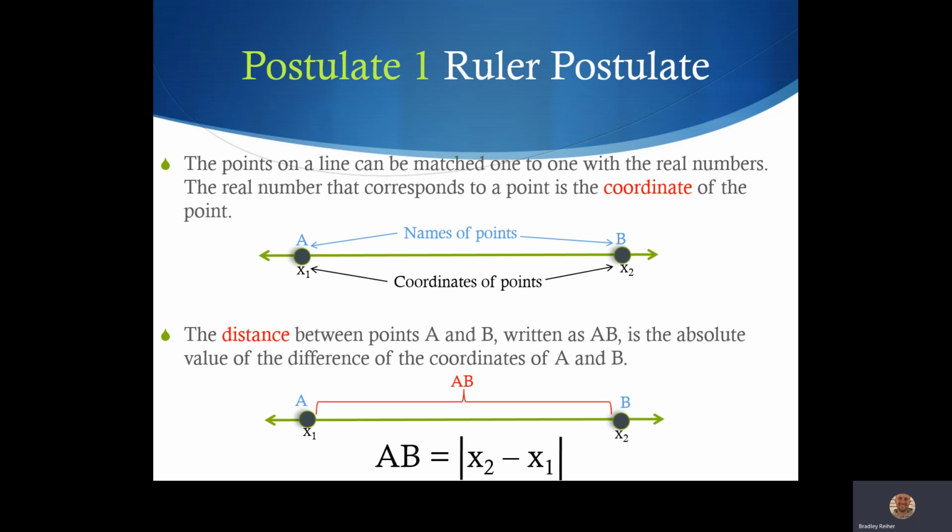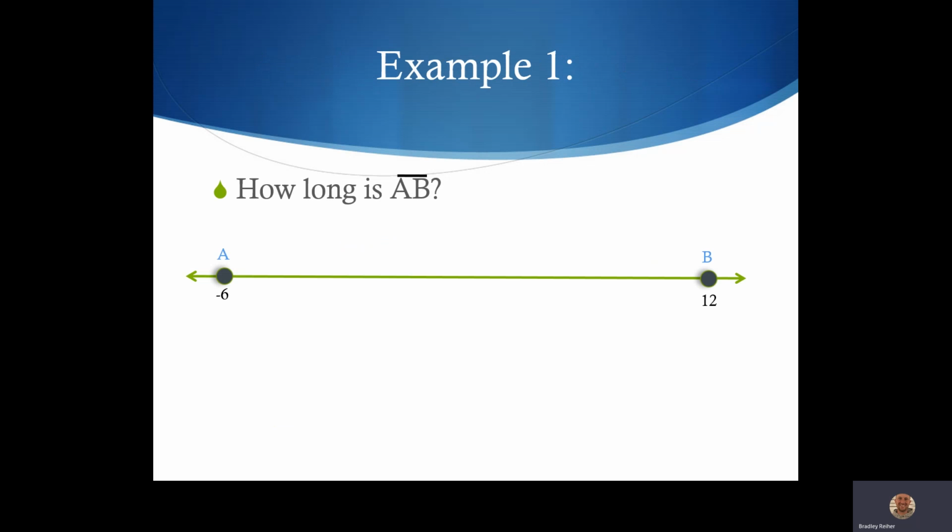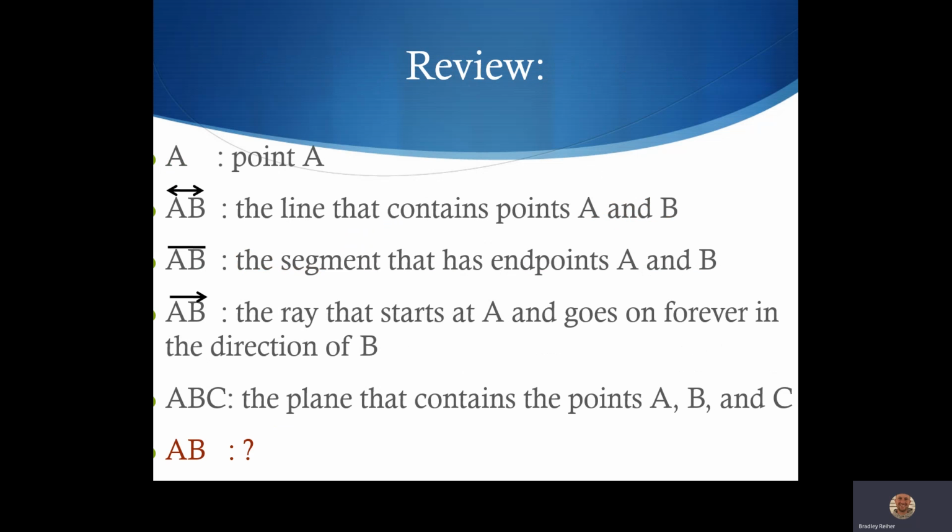Okay, so that example kind of leads you to this postulate, hoping you were able to figure that on your own. And if you couldn't, it's okay. It's going to make a lot more sense now that we understand what this ruler postulate is. Okay, so we have points A and B. We have the coordinates for A and B. The distance between points A and B is written as just an A and a B together. That's that new thing we were looking at earlier. Remember back on this slide here, the AB at the bottom, what does that mean?